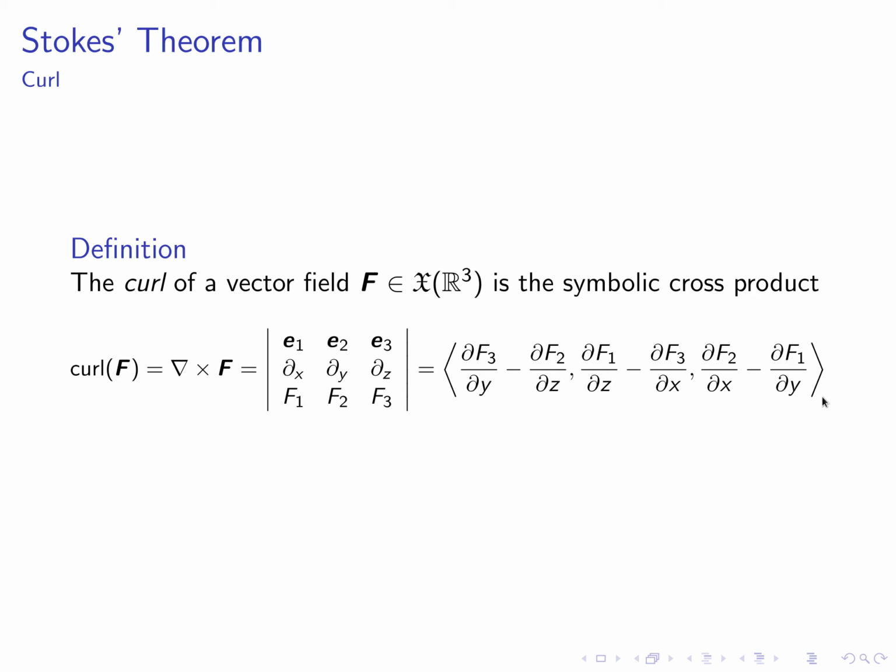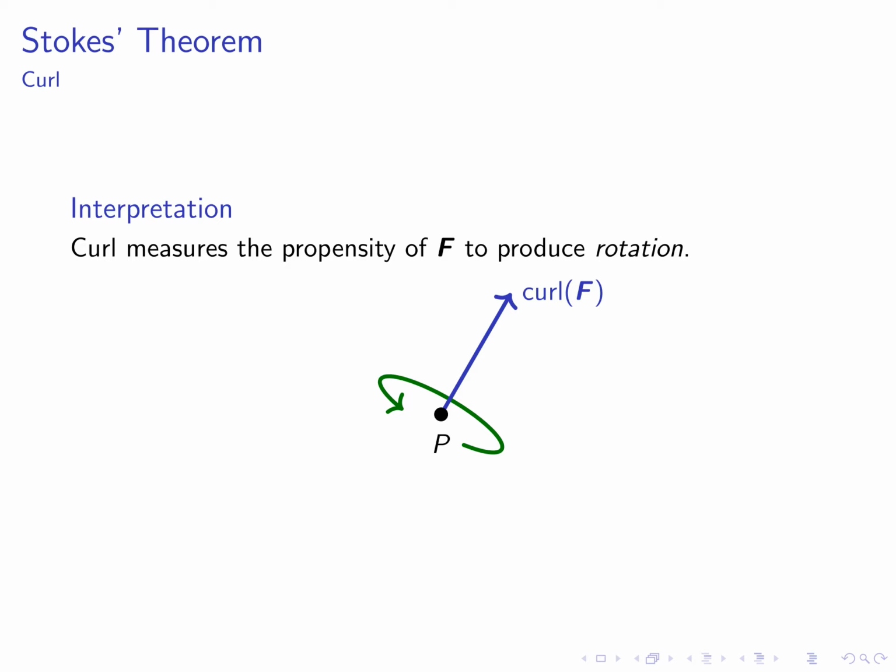And how do we interpret the curl of a vector field? Well, for me, it's always useful to remember the notion of torque. One way I like to think of torque is as some sort of rotational force in space. And torque is given by the vector quantity of the distance from a particle to an axis of rotation crossed with the force vector.